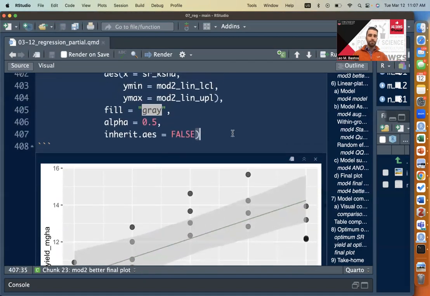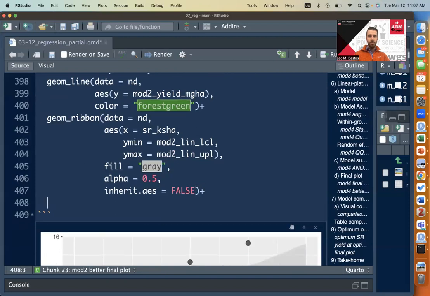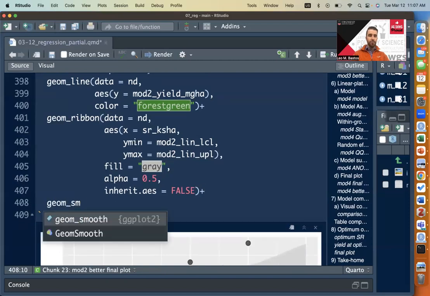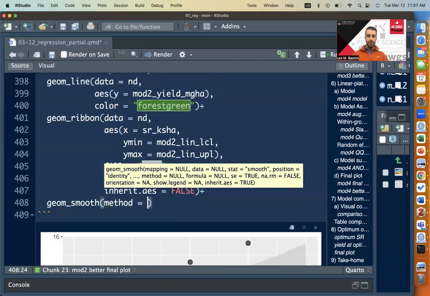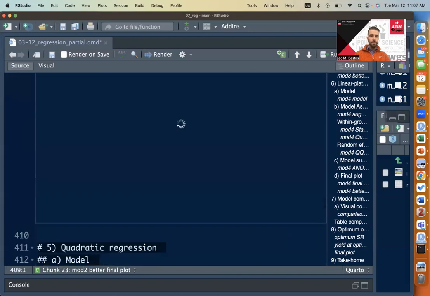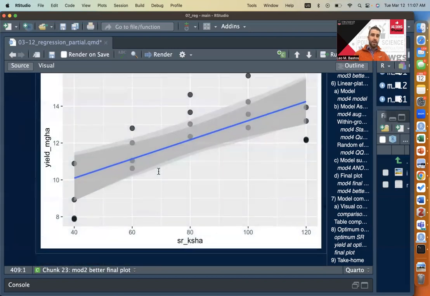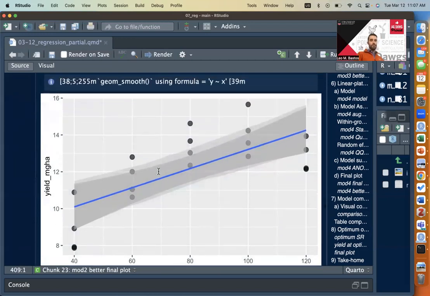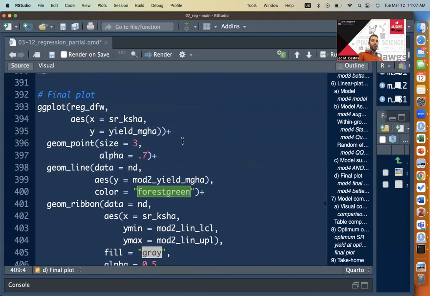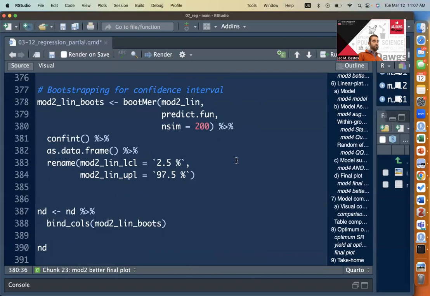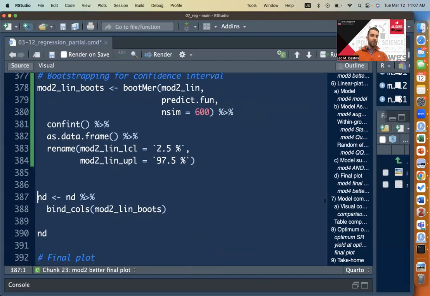So if we come here and we just do a geom smooth with the method equals lm. Yeah, so it's not the same. The estimate is the same, but the errors around it are not the same. This could be related to the fact that I ran 200 simulations only. Maybe if we run 600, that may be different.